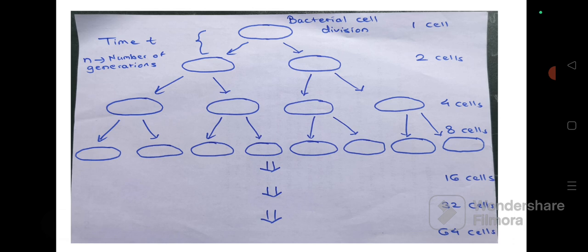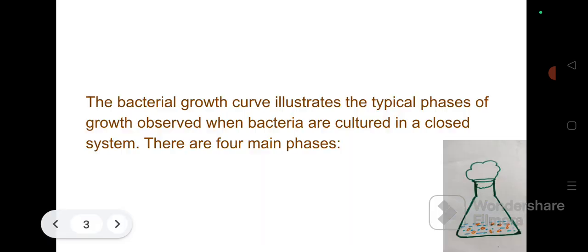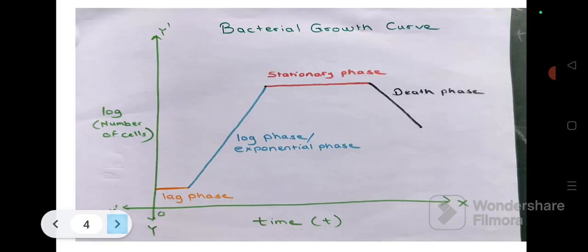So here we will see in the next diagram how the pattern is obtained. Here you have log of number of cells on the y-axis and time on the x-axis. This type of graph is obtained when you carry out the experiment in a closed system.